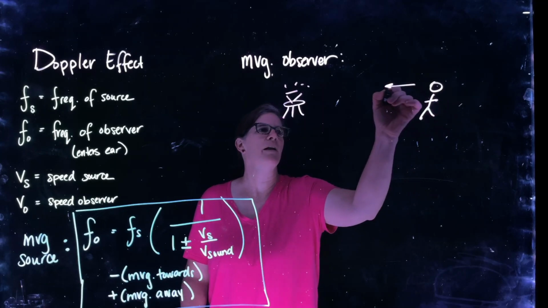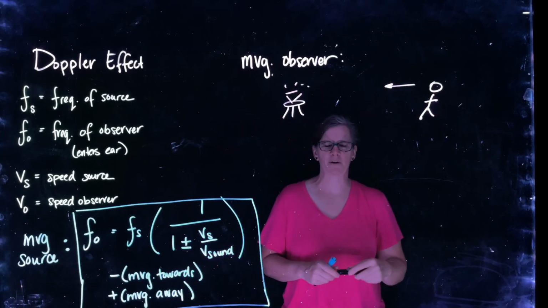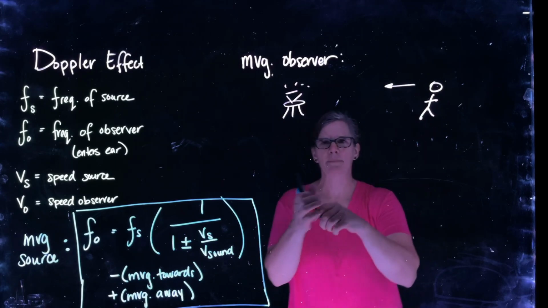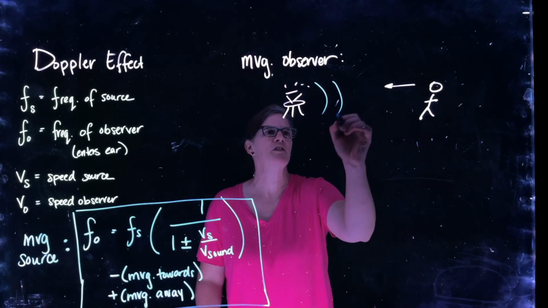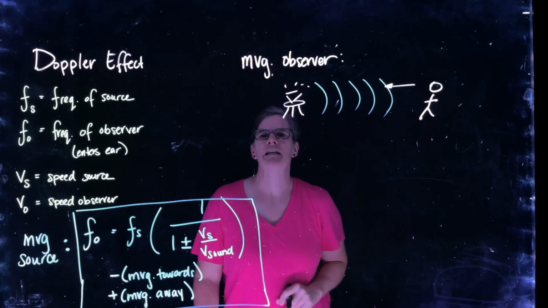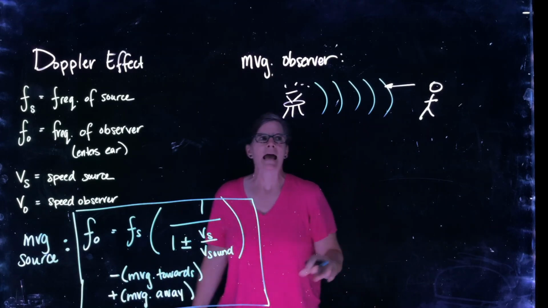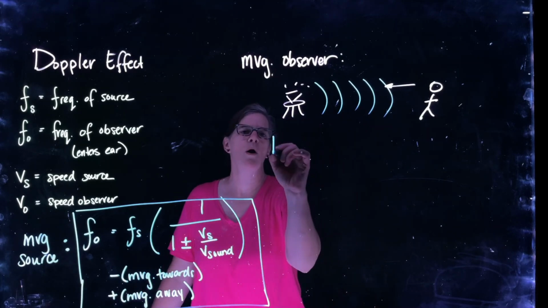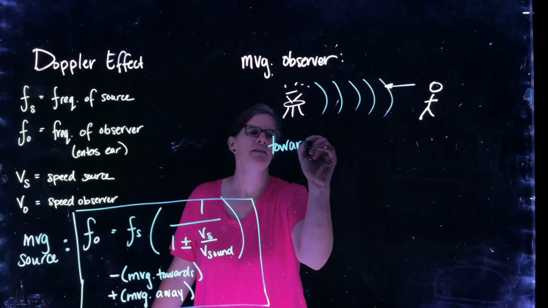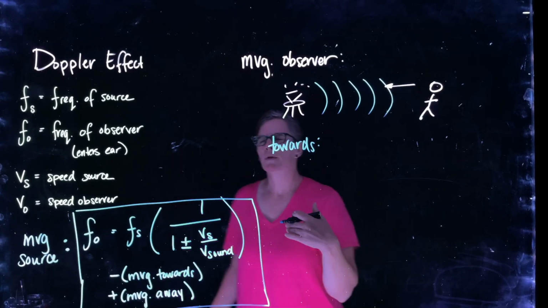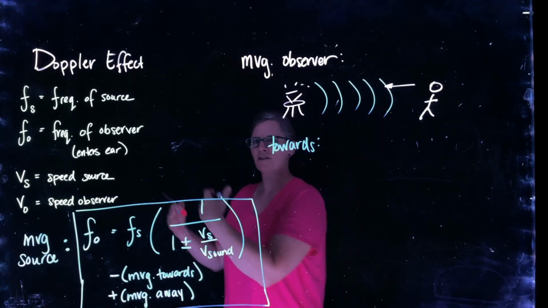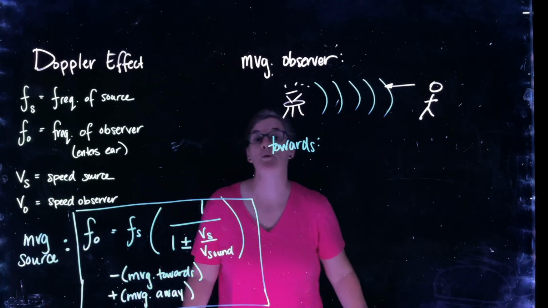And you're the one that's walking towards the speaker. When nothing is happening, again, remember this speaker is just putting out wavefronts, evenly spaced. If you're walking towards the speaker, then you're running into those wavefronts sooner than you were supposed to, right?